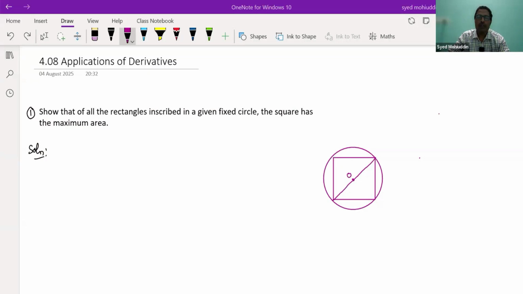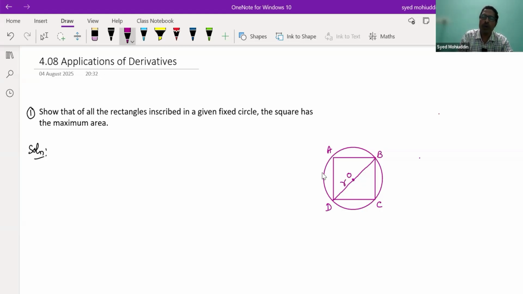For the rectangle we have taken, we have to show that it is a square, and that it has the maximum area. If you want, we can take these points as A, B, C, and this is D, right? Now from D to O represents the radius of the circle.